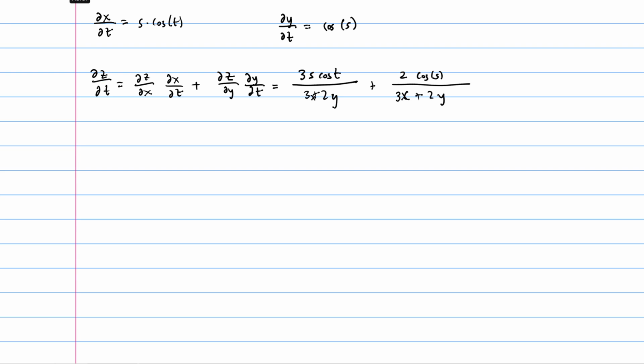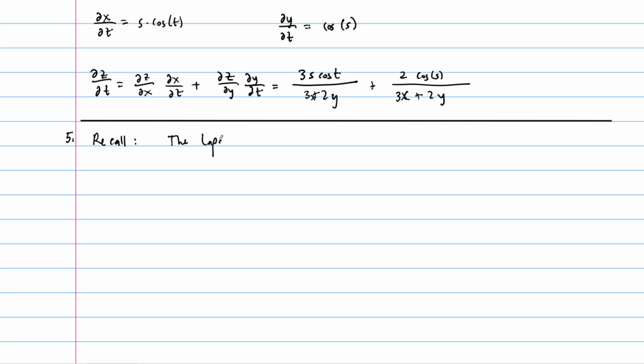All right, so the last thing that I'd like to do in this lecture is talk about the Laplacian again. We talked about this in a previous lecture. Recall that for functions of two variables, let's say x and y, the Laplacian of a function u, if u is a function of x and y, is given by this triangle formula for u.